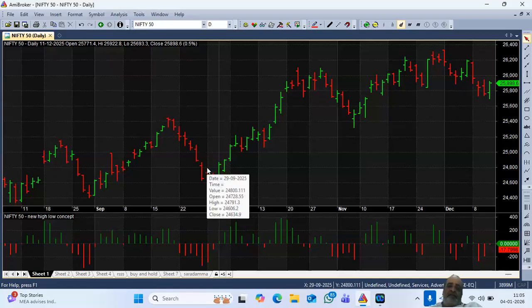You can see it is higher than the high two days back, and higher than the previous day high. So it made a high over and above two previous days' highs, and the low is above the previous day low, and the open is near the low, and the close is near the high. It took place after 9-10 days and becomes a very good indicator of a reversal bar.